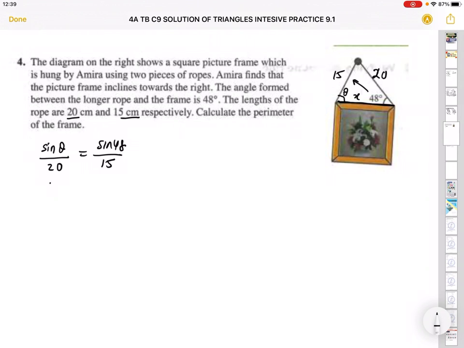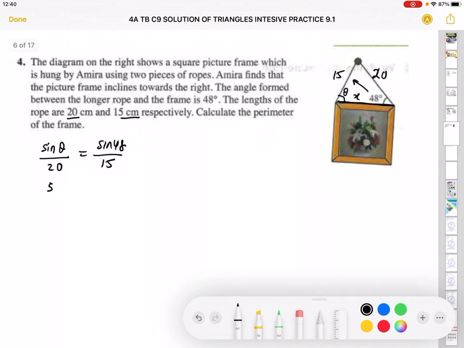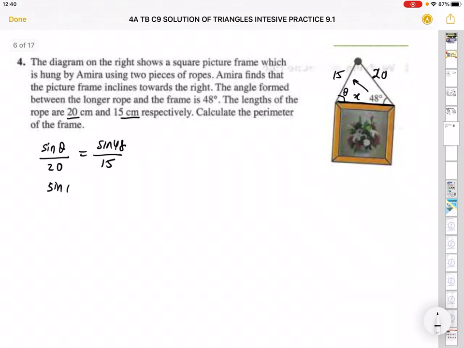Sine 48 divided by 15 times 20, and straight away sine inverse. I hope I don't have to write so many steps for you. You can do this in one shot. If you want, I can just write this down for you. Sine theta equals, you type sine 48 divided by 15 times 20.